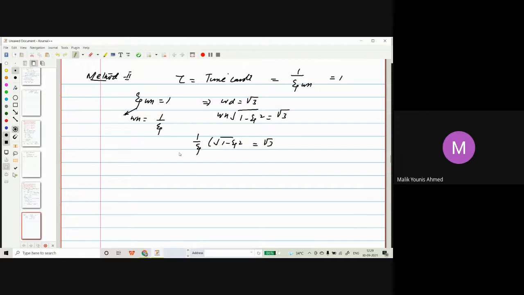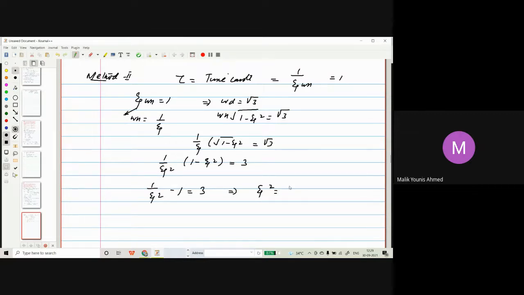Now what I am going to do, I am going to square this. So 1 by xi square times 1 minus xi square will be equal to 3. So that is 1 by xi square minus 1 is equal to 3. So 1 by xi square will be equal to 4, this 1 will come on this side.